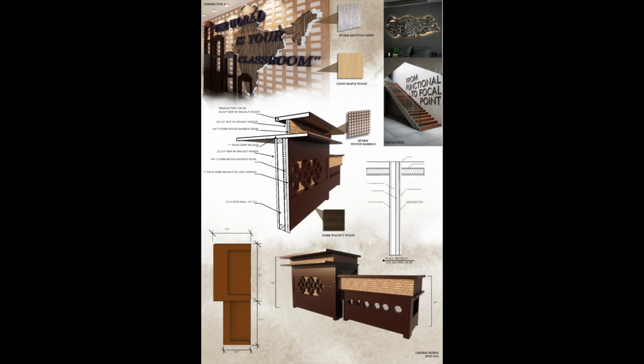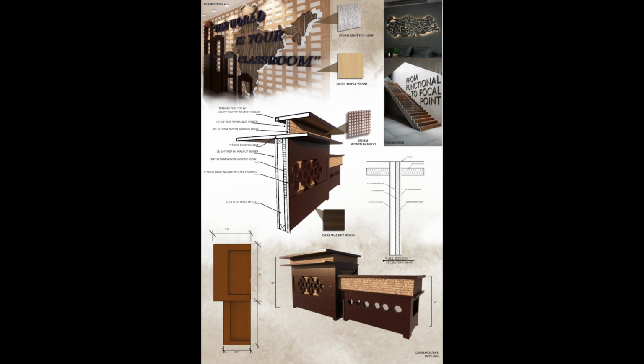But looking in that section a little bit closer, we have that stud wall. We have the three form woven bamboo as another layer. And then we have two outer layers of the walnut on both sides, encapsulating that three form bamboo, and making sure that it is in place.